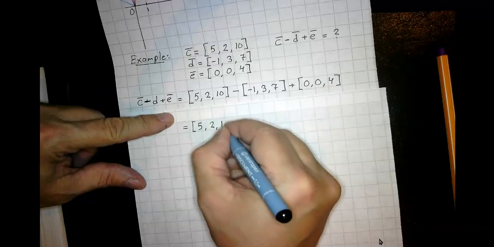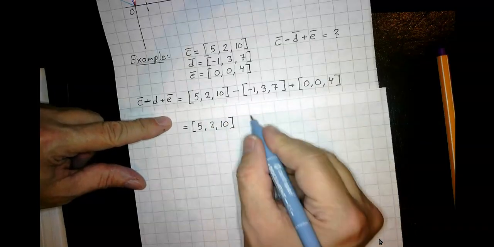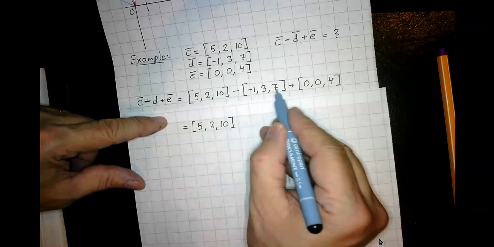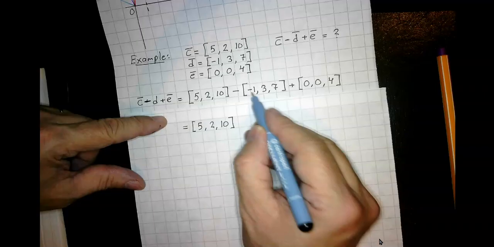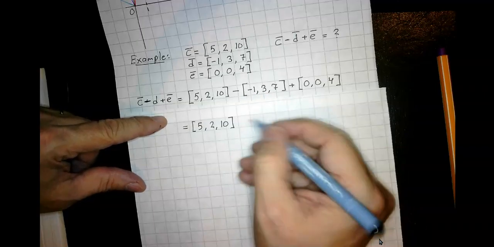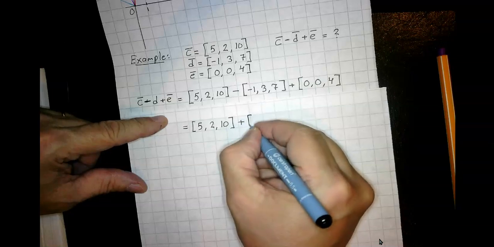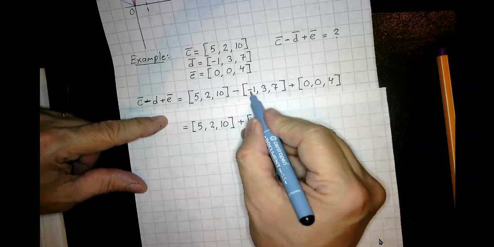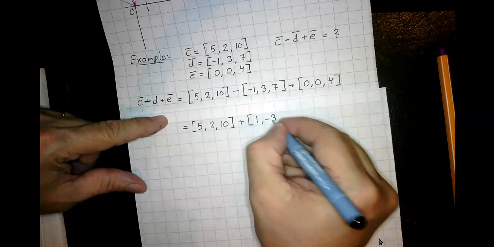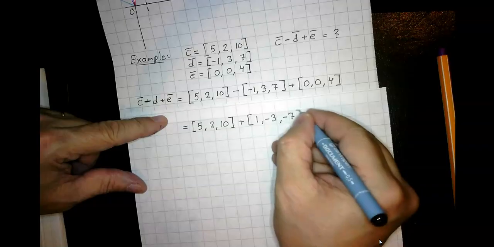So first we have this first vector, we don't do anything there, and then we have this minus sign that will change the signs of these components inside of these brackets here. So I will change the plus sign, and then I will change all these signs. So I will get 1, minus 3, minus 7.